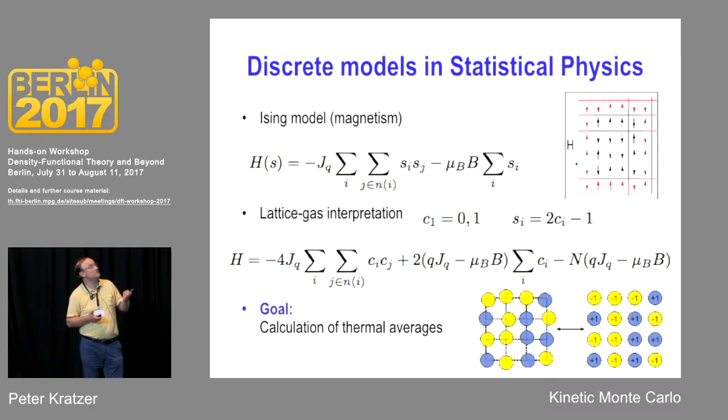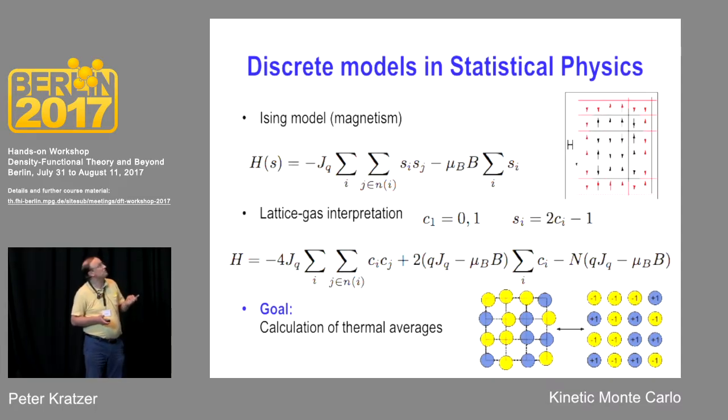You have spins on a lattice, they can point up and down, and there is spin-spin interaction here by the exchange constant. There is the interaction of spin with an external magnetic field.